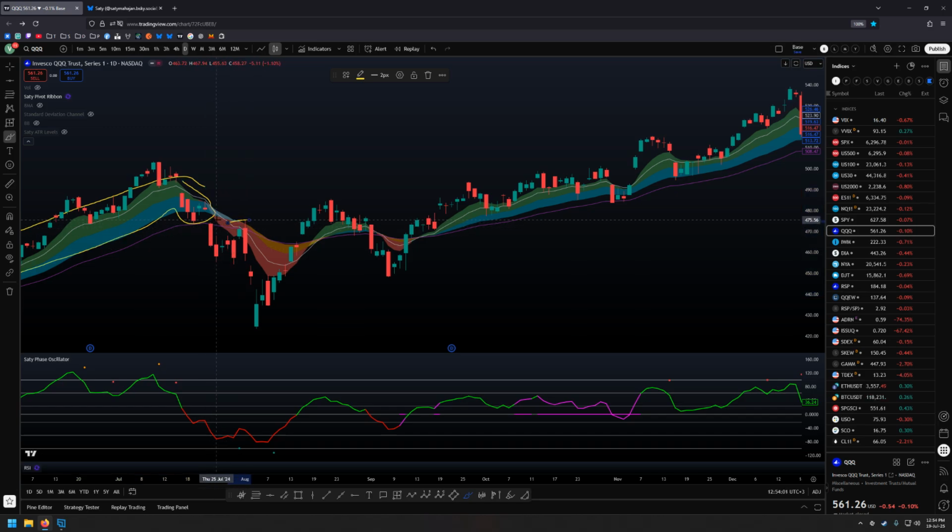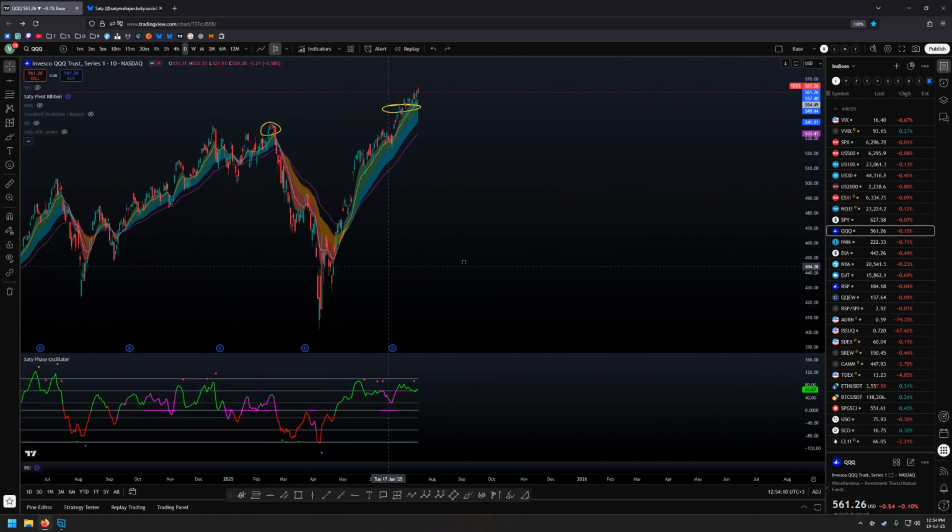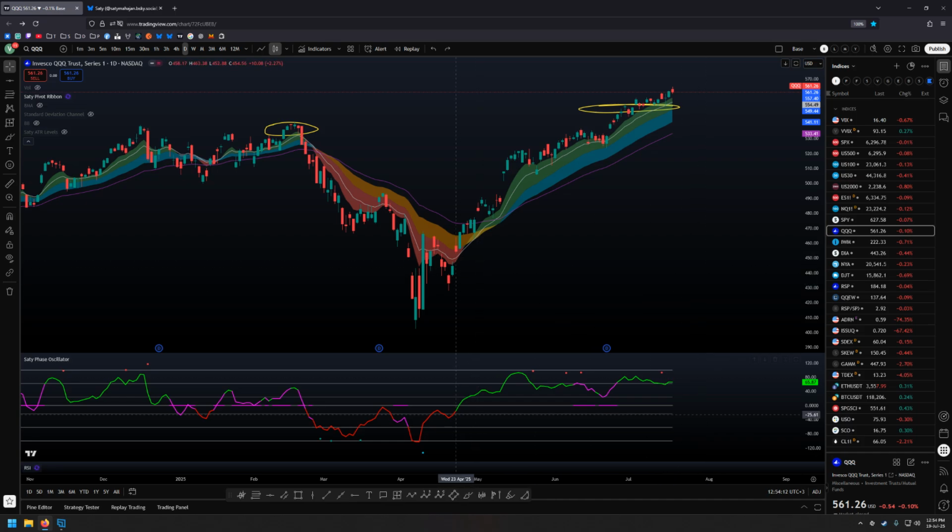Then this area became resistance, the ribbon became resistance, and we had another puke. This is the Vomi setup, and the same way it applies the other way around as well. Like this is still a Vomi setup here. We puked to the upside. This is an upside down dolphin with the fin and everything.